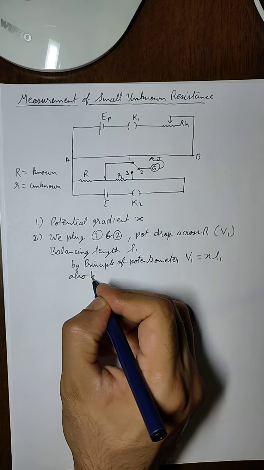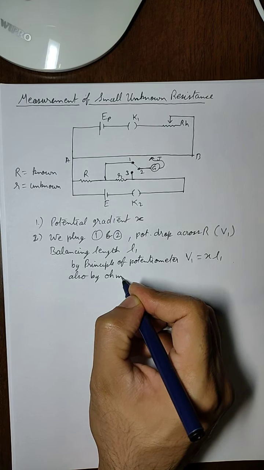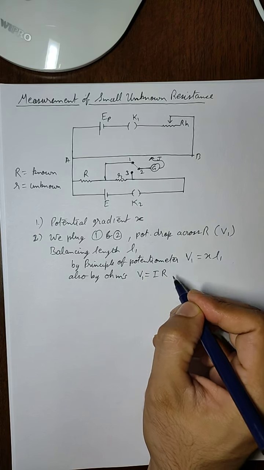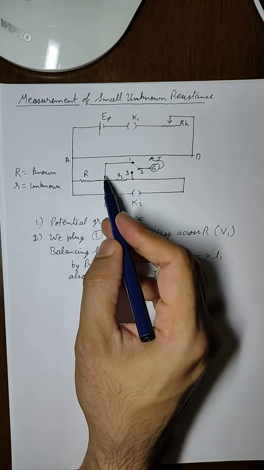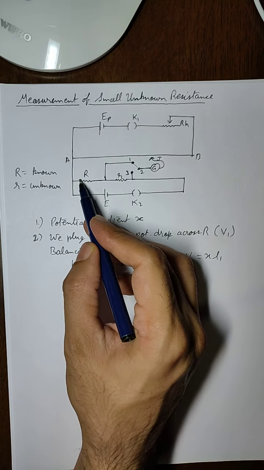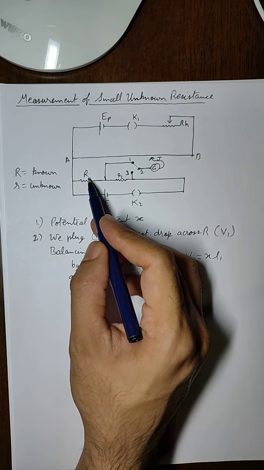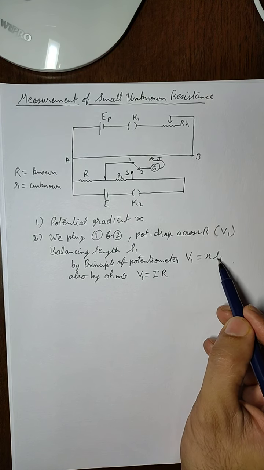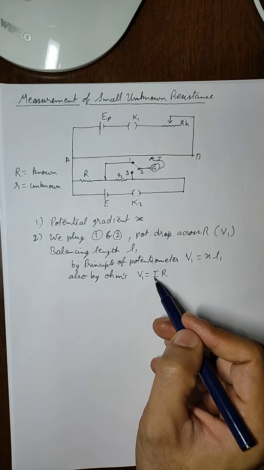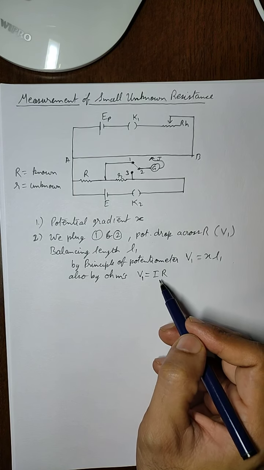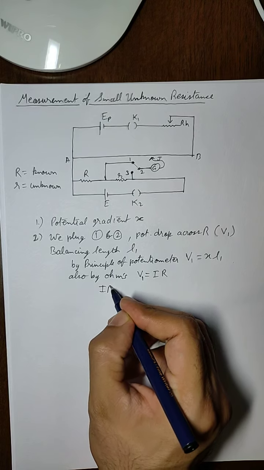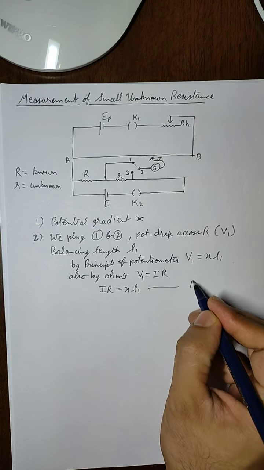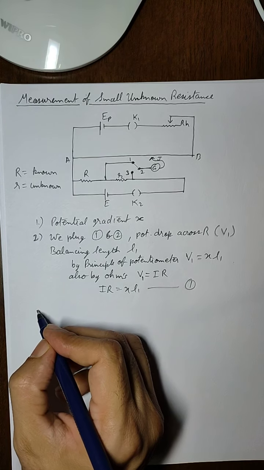Also, by Ohm's law, V1 should be equal to IR, because what we are actually measuring is the potential drop across R only. So we will have two values, one by the potentiometer, which will be given as V1 equals XL1, and another by using Ohm's law, which is V1 equals IR. So that means we can write IR equals XL1. So let us say this is our first equation.